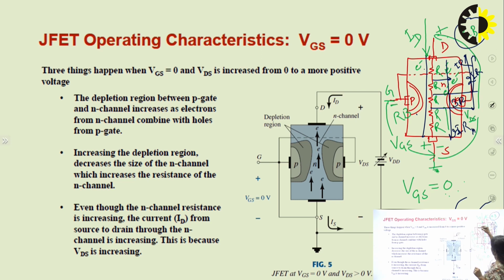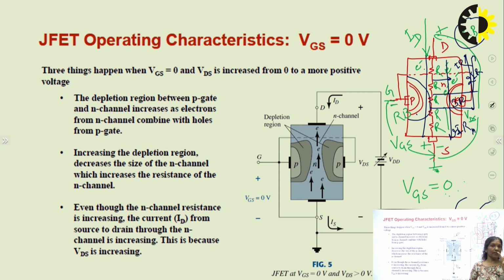It is minimum here, and this thickness will be maximum where the voltage drop across the last resistance is maximum. So as we keep on increasing this voltage, the depletion region does not increase uniformly.